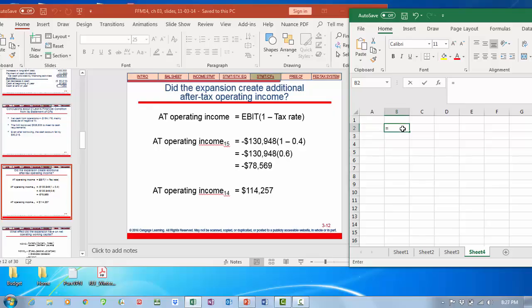So in case of 2015, EBIT was negative 139,408 multiplied with 1 minus the 40%, so 0.40 or just 0.4, and that is negative 78,569. Same way you can calculate for 14, and the number is 114,257, and so the answer is it did not create additional operating income, after tax operating income compared to 14, the expansion.